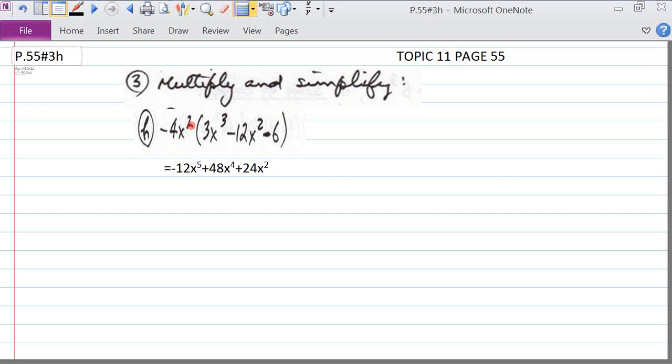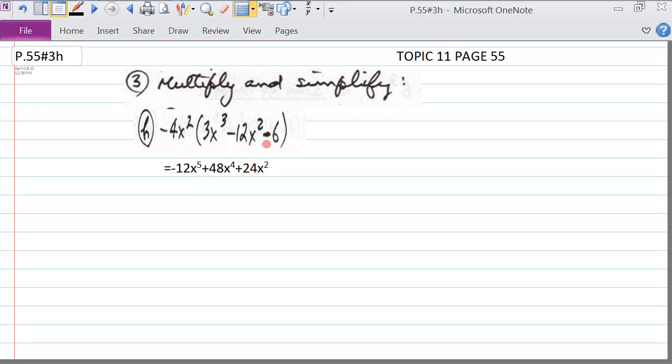Now we're going to multiply 4x squared times minus 12x squared. So there are two minuses here. We're going to get plus 4 times 12 is 48. We're going to add the power here to the power here, and we're going to get x to the 4th. And finally, we're going to multiply minus 4x squared times minus 6, which will give us, a minus and a minus will give us plus 24.